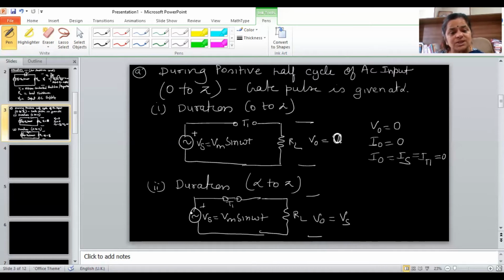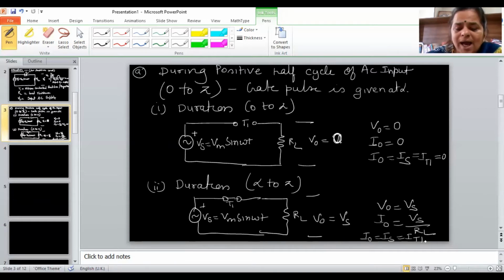So whatever the instantaneous value of the supply voltage, that will be equal to the load voltage. So in this case, V0 will be equal to Vs and I0 will be equal to Vs by RL, and I0 will be equal to Is, which will be equal to IT1. What is IT1? IT1 is the current through SCR1. What is Is? That is the supply current. And what is I0? That is the load current.